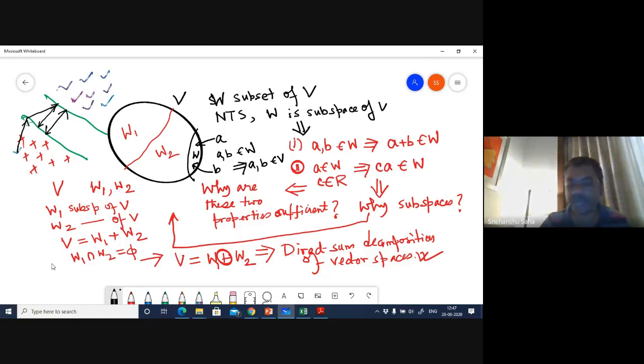We can think of this as W1, let's say a special kind of W1. We can think of this as W2, and then what really happens is, these two, W1 and W2, are subspaces of vector spaces, and therefore they're vector spaces in their own right.